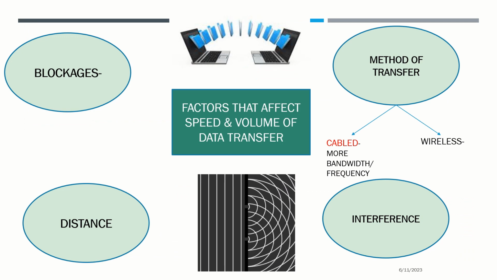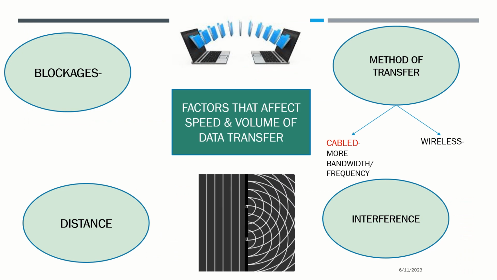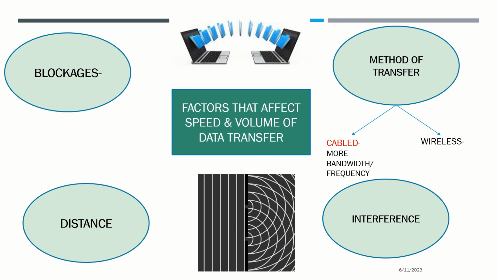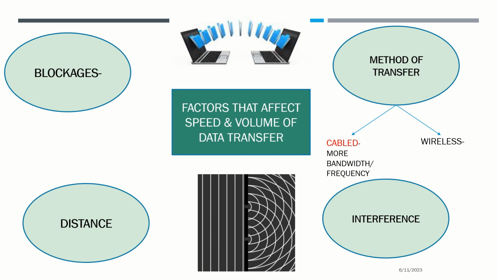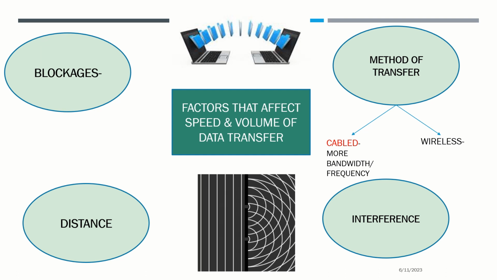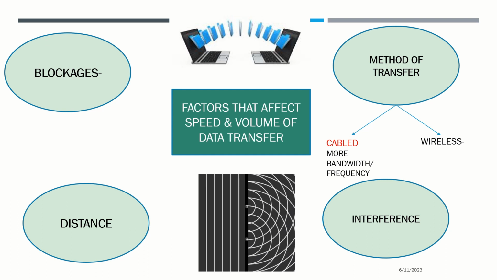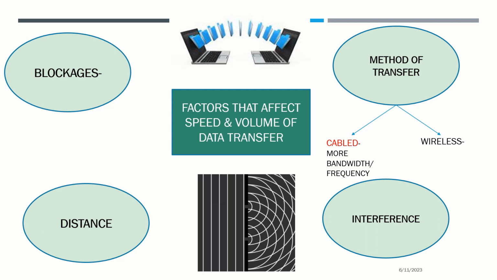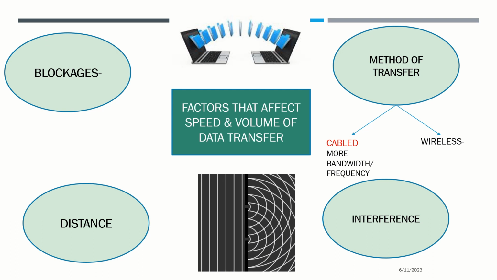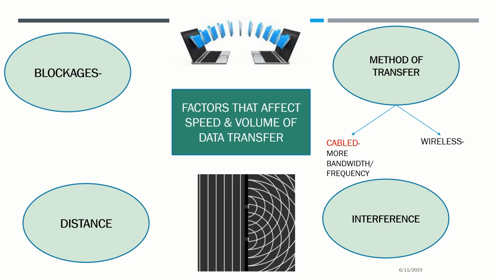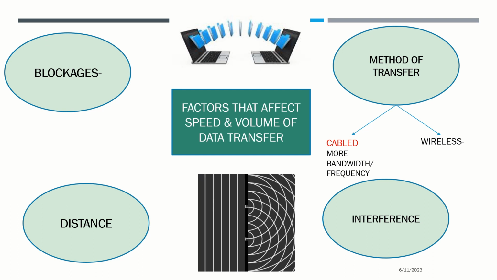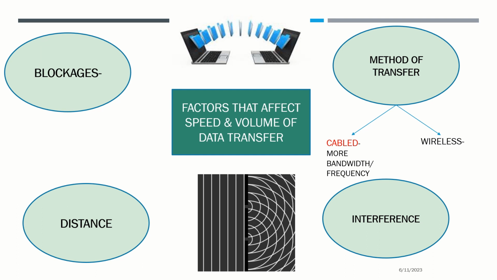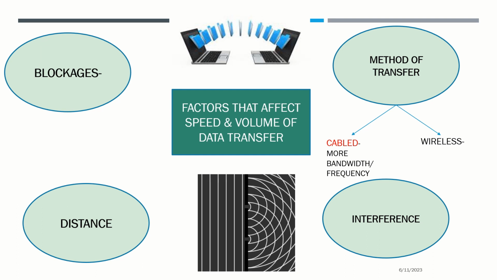Then, what are the factors that affect the volume and data transfer, apart from bandwidth and latency? Blockages: big walls, furniture, a fish tank, all these things are blockages for the data to be transferred.